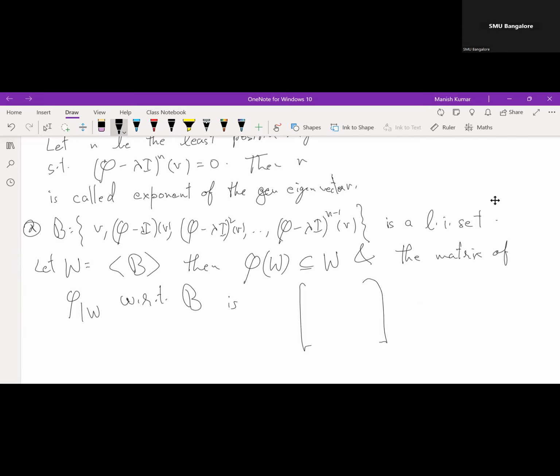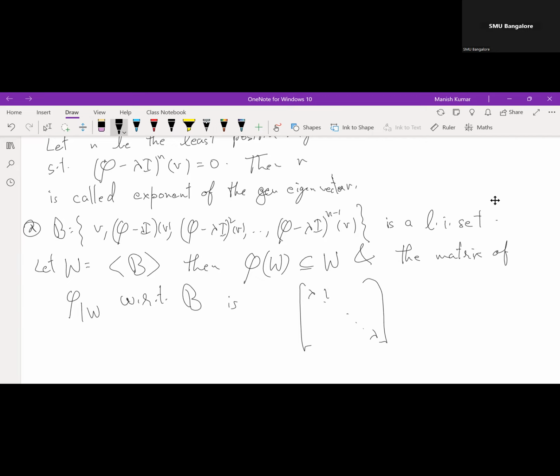So you can check, if you apply phi to V, then it will be this thing.